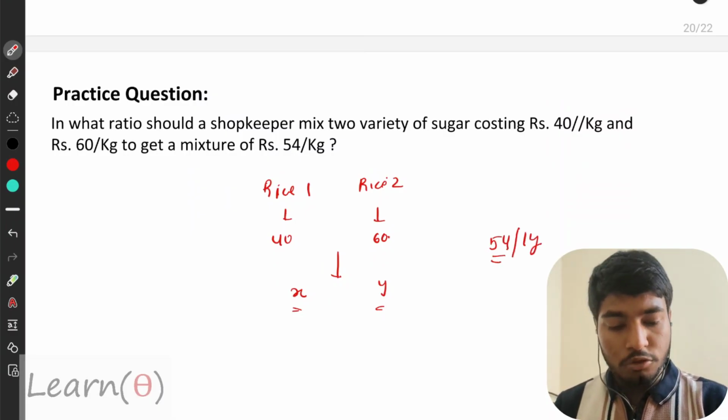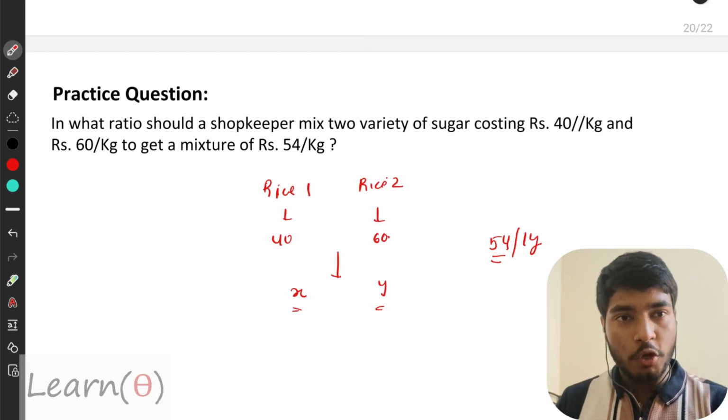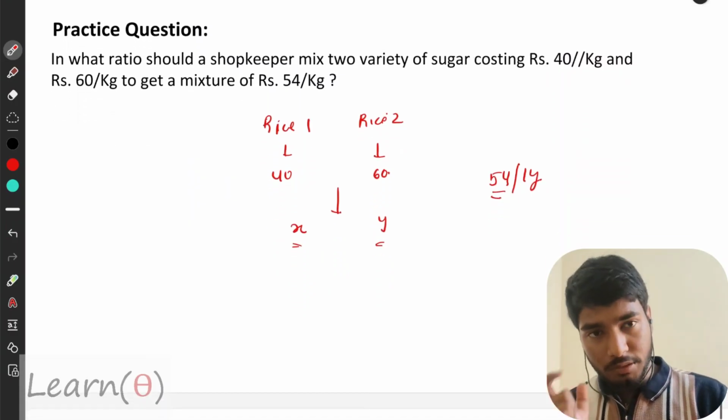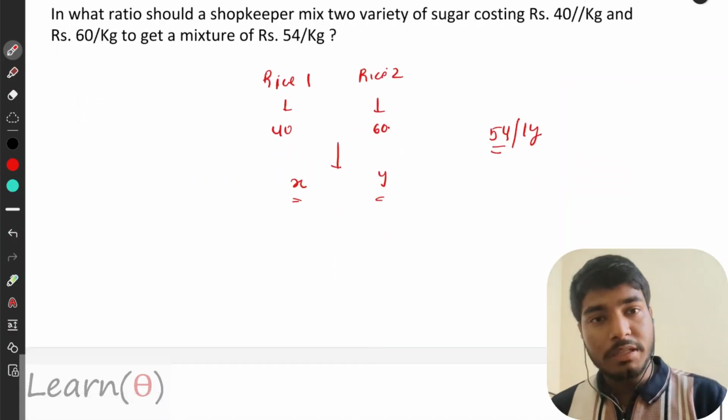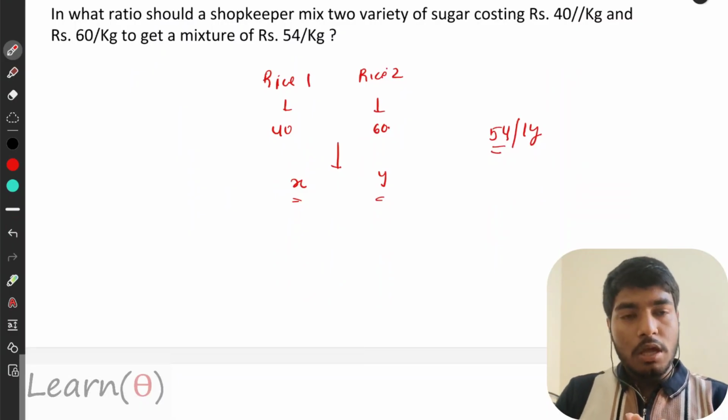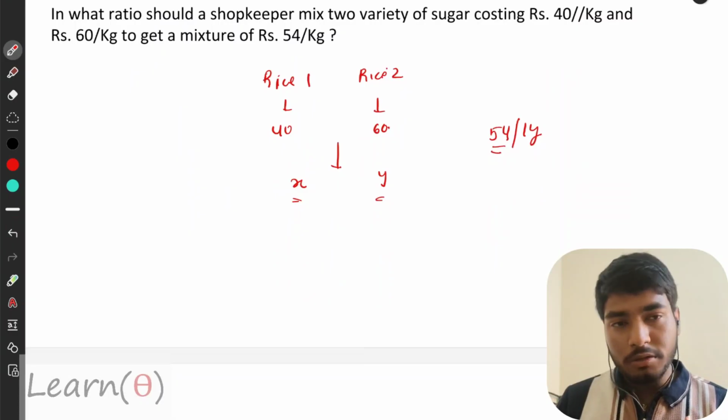What you have to do: you are given the individual prices and the quantities. Listen carefully, can I say that the net amount should be the same? That there should be no profit, no loss?